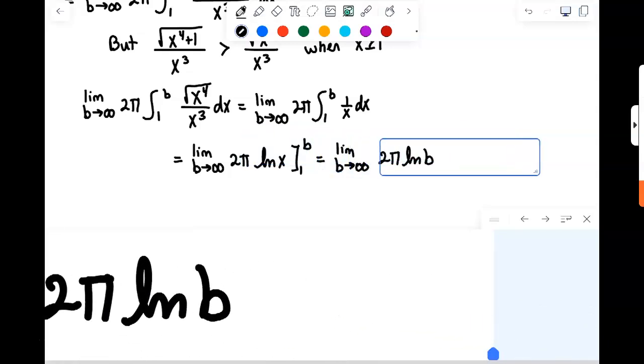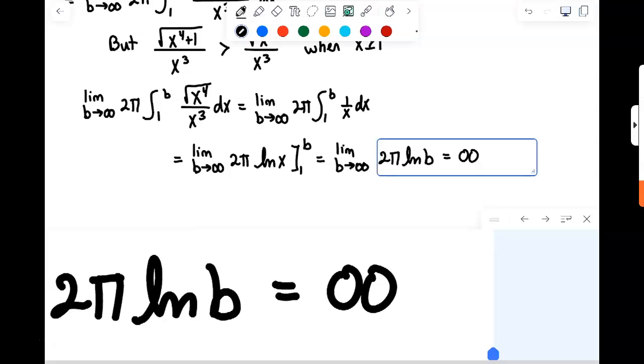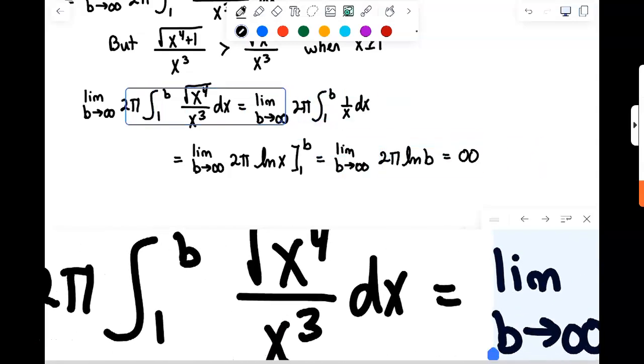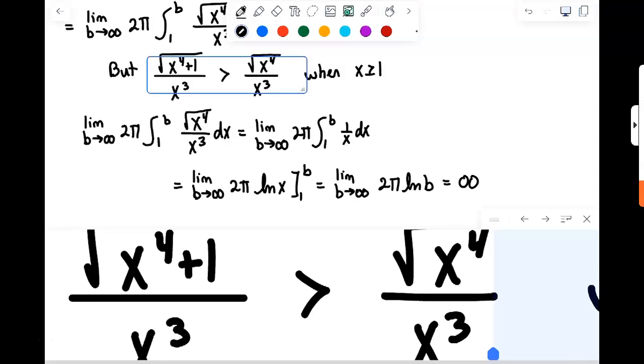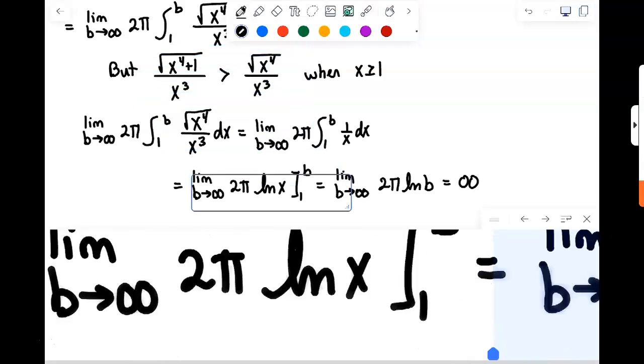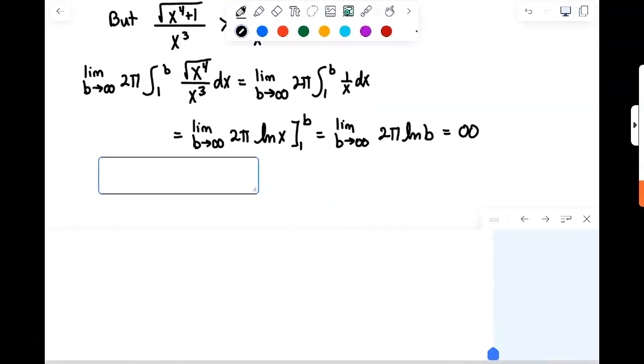But ln goes to infinity as b goes to infinity, and so that integral is infinite. So if that integral is infinite, and we know that this always has a bigger radius, a bigger height all the way through, then we also know that the other integral has to be infinite.